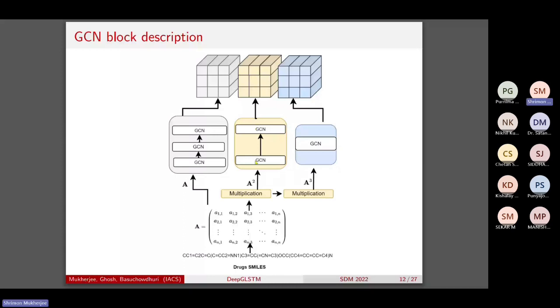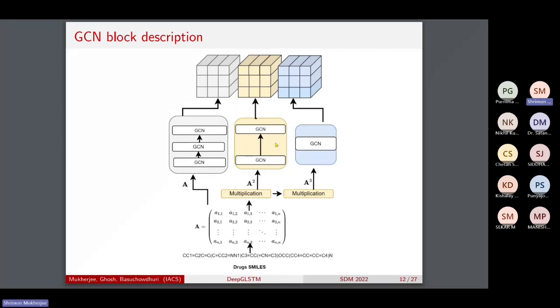Now I previously said that the first layer of GCN captures the A square representation. If we externally apply A square and feed it into the GCN, then it will intuitively compute A cube. And similarly, if we apply GCN on top of that GCN, then it will simulate this block, that is it will compute A to the power 4.